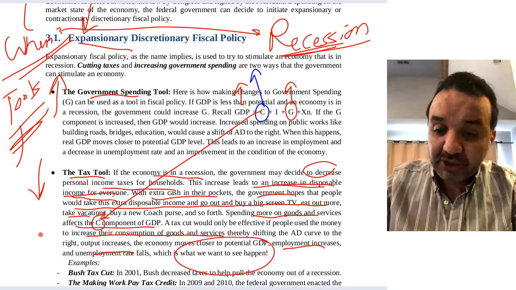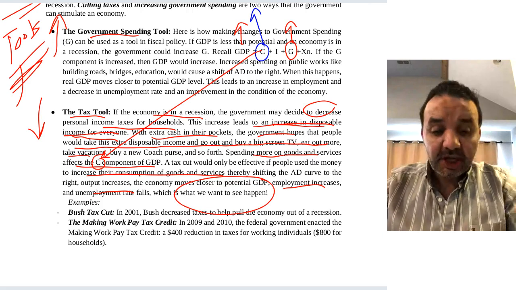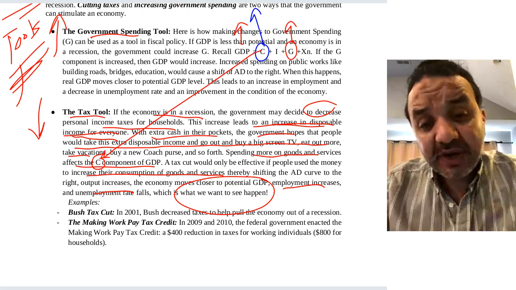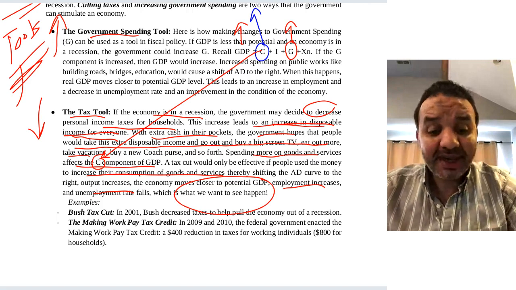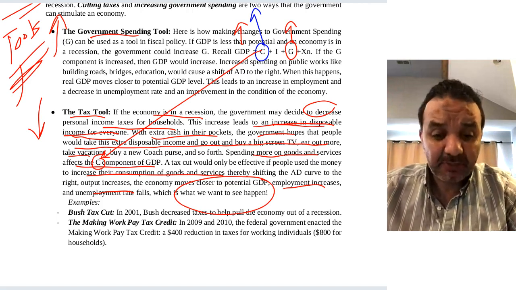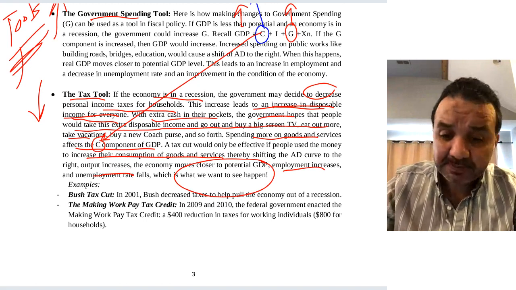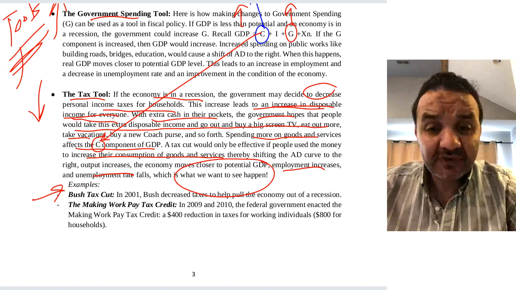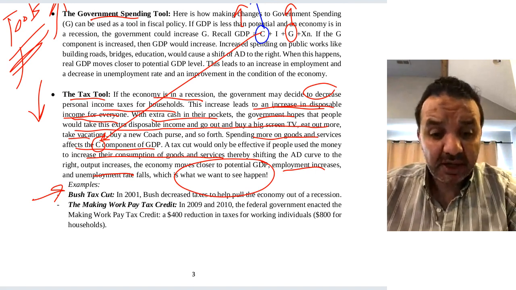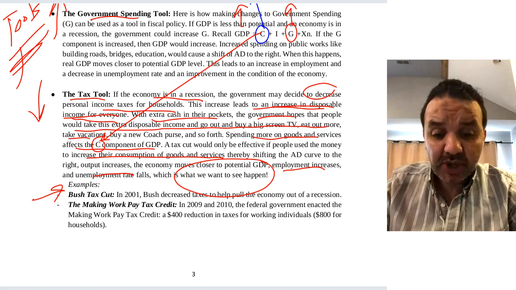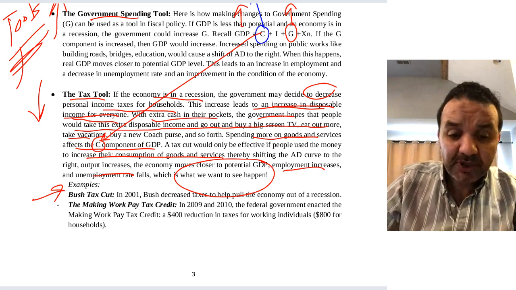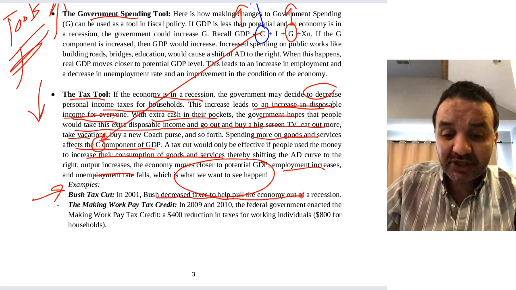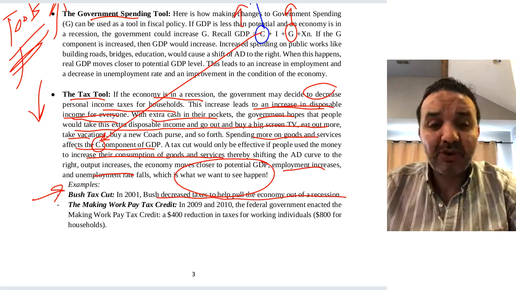Now two real life examples of using taxes as a tool of expansionary fiscal policy. In 2001, there was a short recession after the terrorist attack in September 2001, so President George Bush decreased taxes to help pull the economy out of recession.